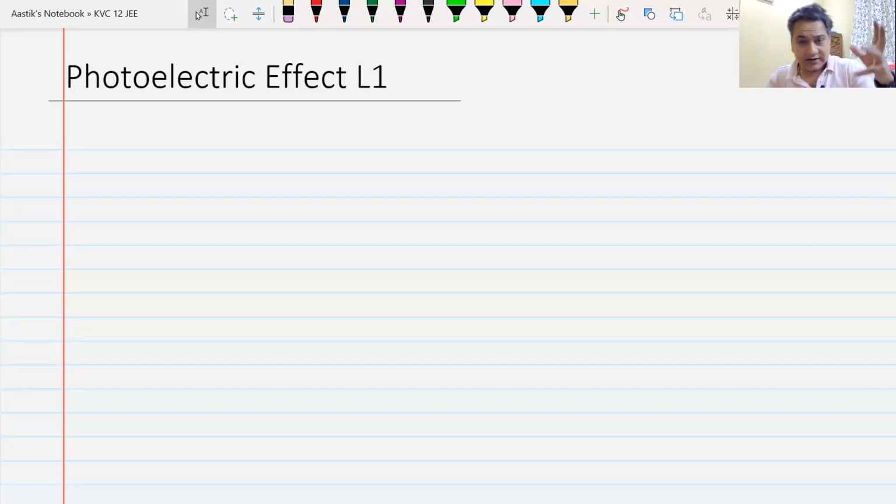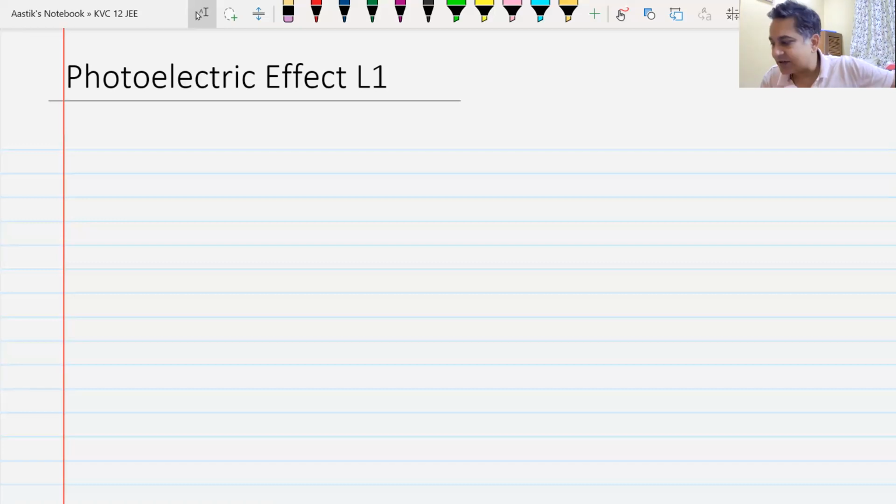There are certain phenomena that can be explained with both wave and particle nature, reflection and refraction. So we started with reflection and refraction. Reflection and refraction can be explained both if we consider light as a particle, or if we take light as a wave.